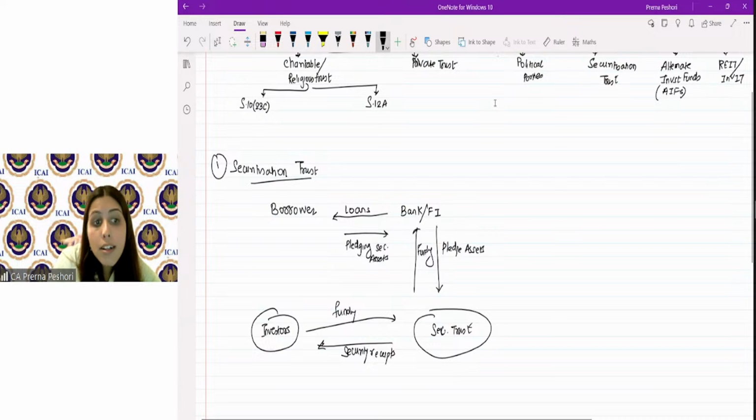Now, what kind of income will it get? It will receive interest from the bank on the amount that it has funded, and at the same time it will pay interest to the investors, right?